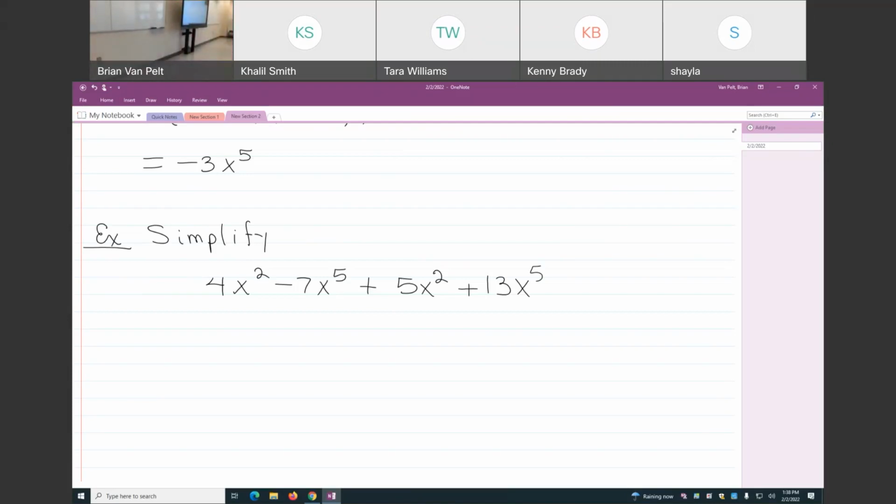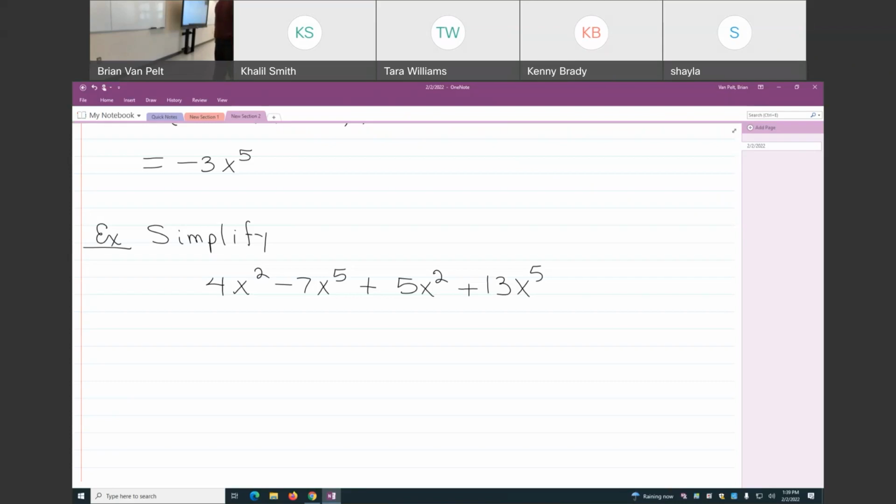Now I'm throwing in a wrinkle. Now you can just concentrate on the numbers. What do you get?